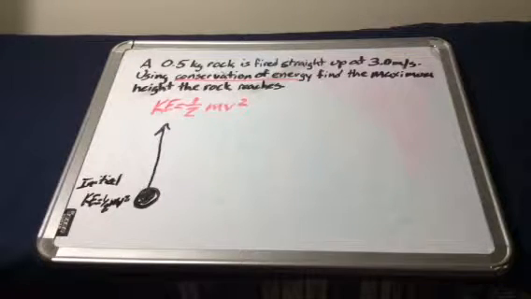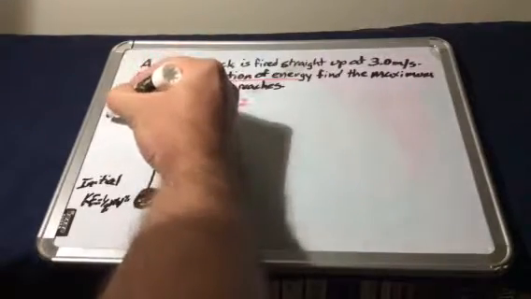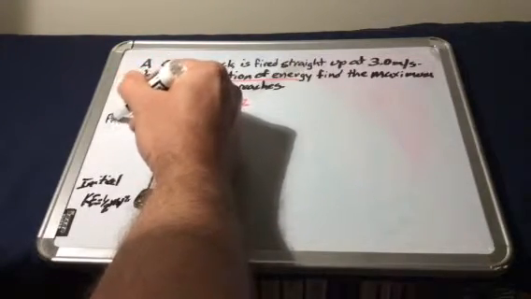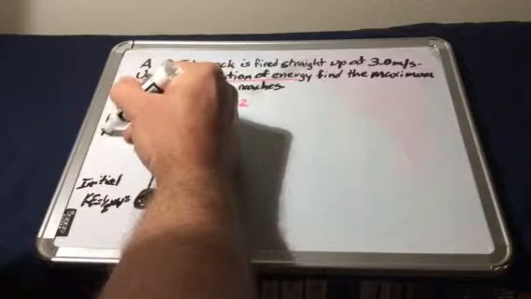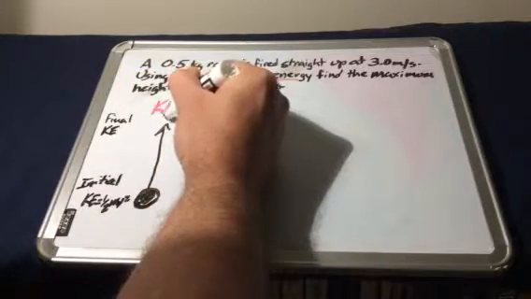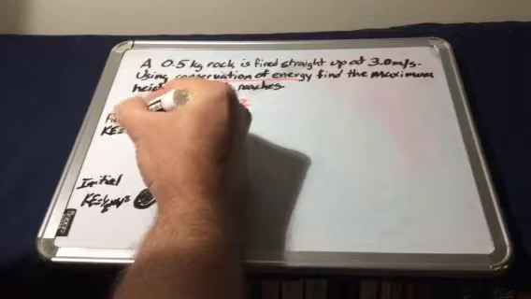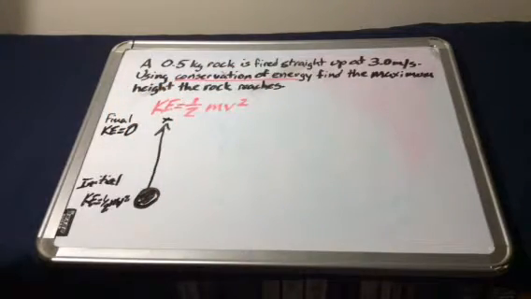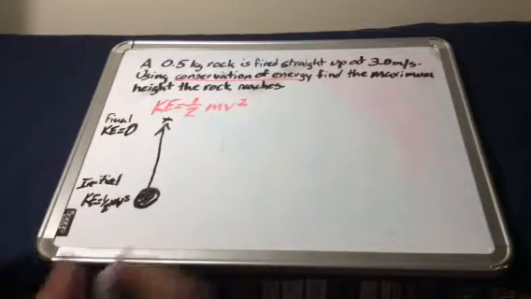Because the rock is moving straight up, at some point it is going to stop because gravity is pulling on it the entire time. Whenever it stops, its velocity is 0. Hence, its final kinetic energy is equal to 0.